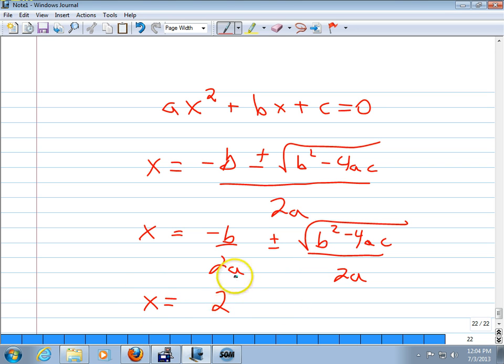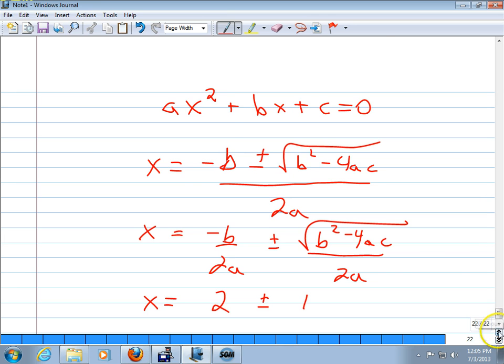Now remember, x equals 2 is what kind of line? Horizontal, vertical, or slant? Vertical, right? Plus or minus, I don't know, 1. That's what the quadratic formula is giving you. It's giving you the x-intercepts as a function of the axis of symmetry. If the axis of symmetry is 2, one x-intercept is 1 to the right, 3, and 1 to the left, 1. So this part, negative b over 2a, that's the axis of symmetry.